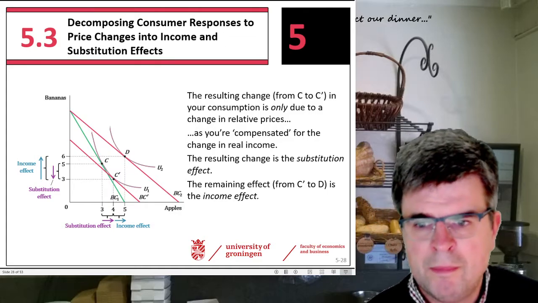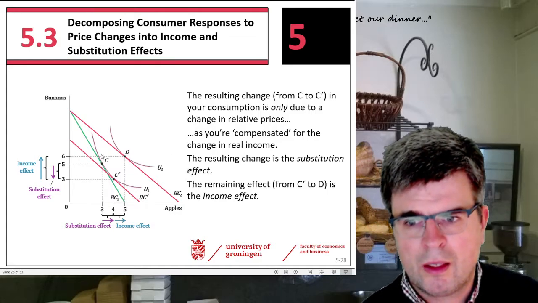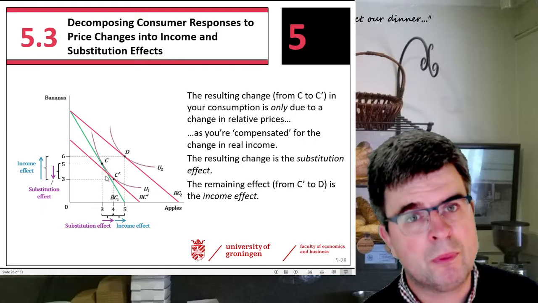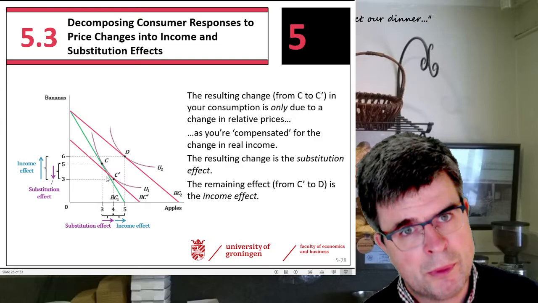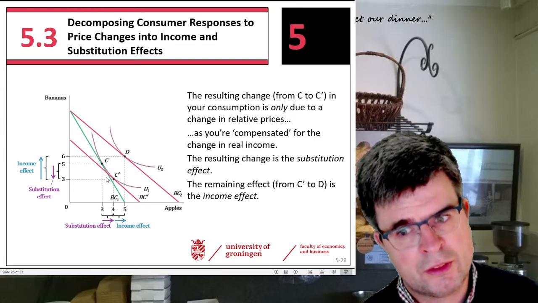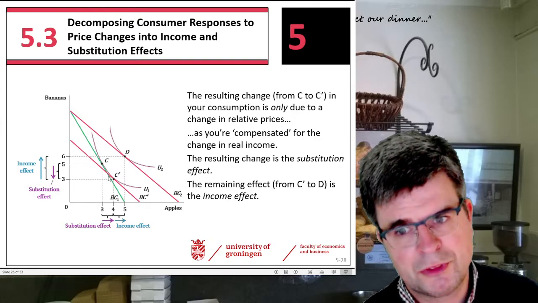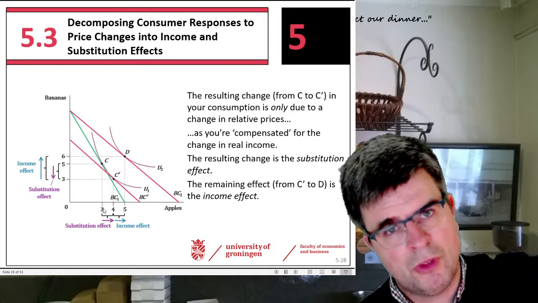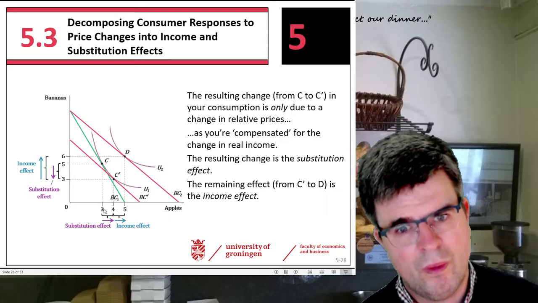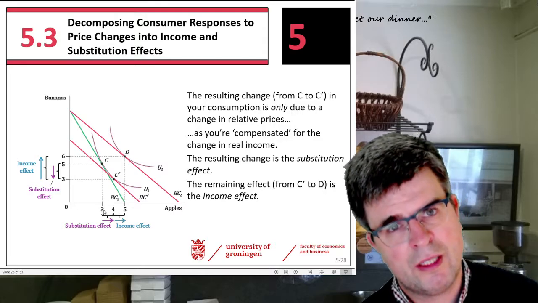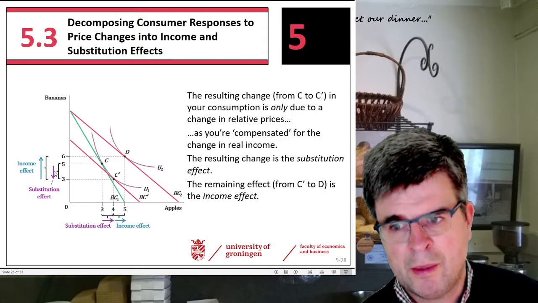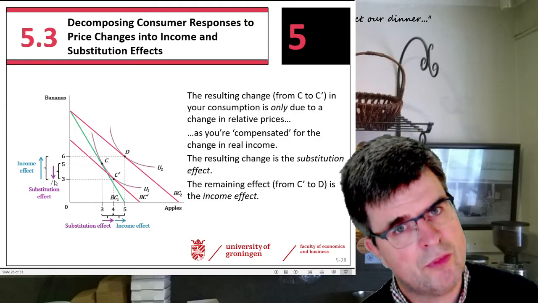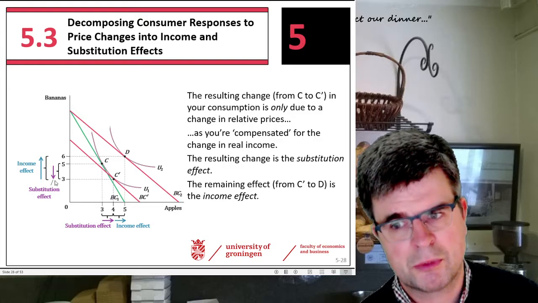And as you can see, in this case, changing the relative prices, making apples relatively cheaper, has a positive effect on the consumption of apples. So, price down, consumption up. That's what we call the negative relation, as is often the case. Bananas become relatively more expensive, so people substitute away from the good that has become relatively more expensive.